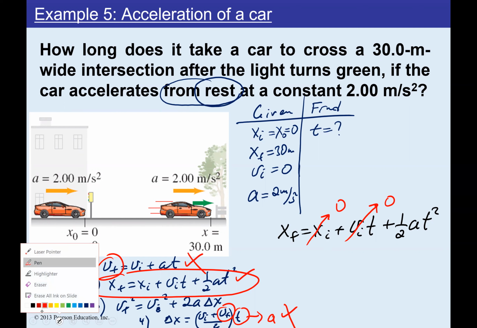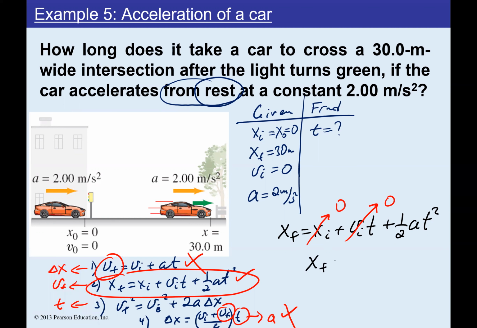That means what we end up with is X final equals 1/2 A T squared. Then I rearrange and solve for T, which gives T equals the square root of 2 times X final divided by A. Which means all I have to do is plug in all the values: 30 for the X final, 2 for the acceleration, and we're going to get 5.5 seconds.